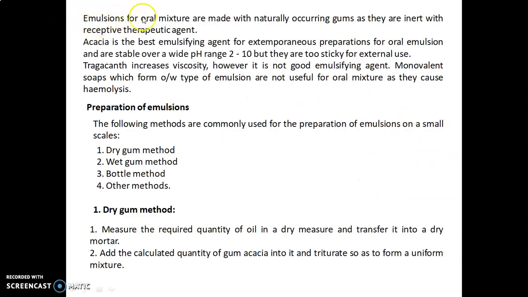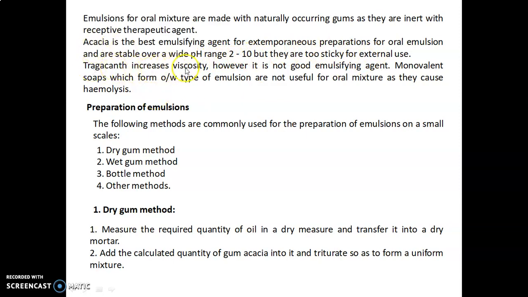Emulsions for oral mixtures are made with naturally occurring gums as they are inert with the respective therapeutic agent. Acacia is the best emulsifying agent for extemporaneous preparation of oral emulsions and is stable over a wide range of pH, that is 2 to 10, but it is too sticky for external use.